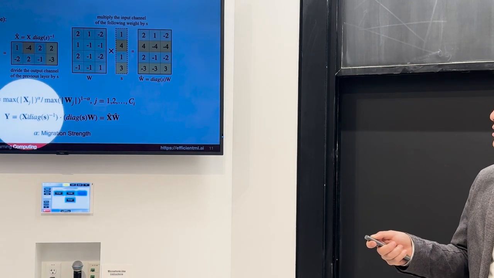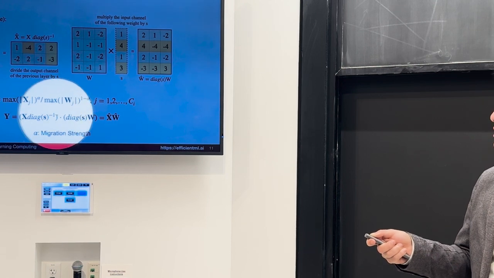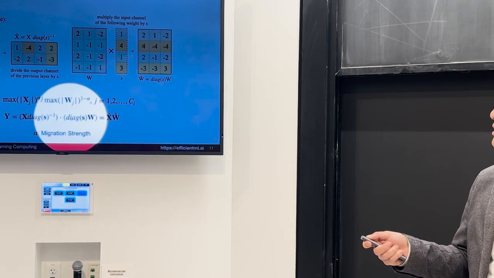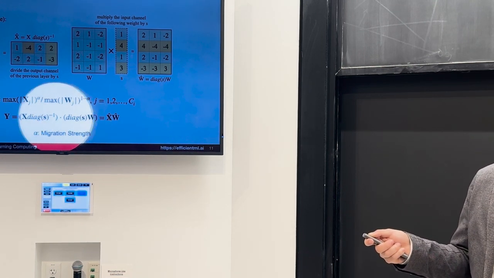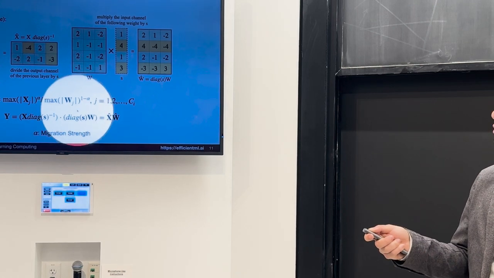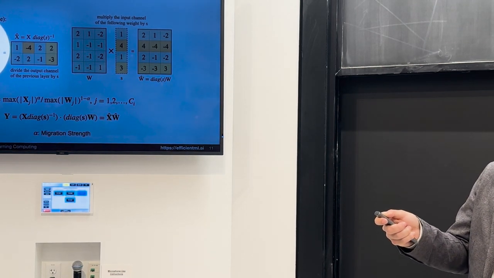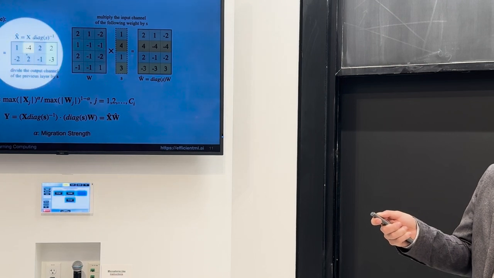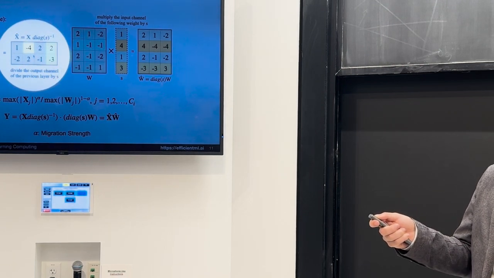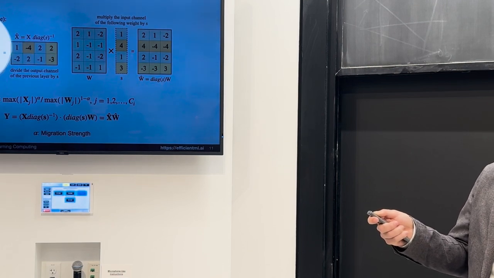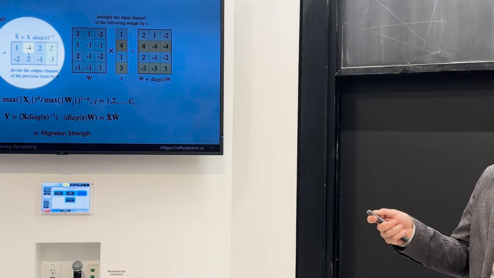So it's X divided by S, and W multiplied with S. And these S will cancel each other. Okay? So let's see what we get. So X divided by S, element-wise, we get this output. Scaled the output channel by x. So now it's smoother than before, right?